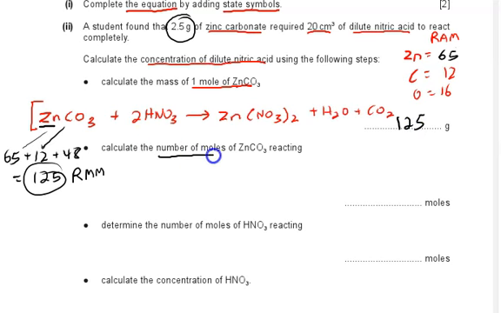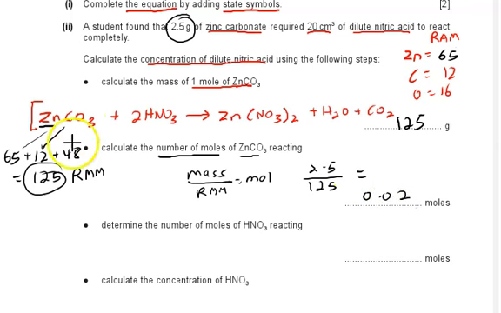And look at here, number of moles of zinc carbonate. We follow the formula mass over RMM. So mass is 2.5 divided by 125. By calculating, you'll get 0.02. Okay, and then remember from my previous video, in most questions I use the ratio in front.